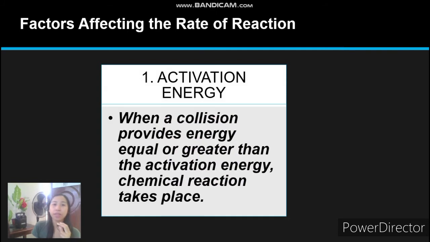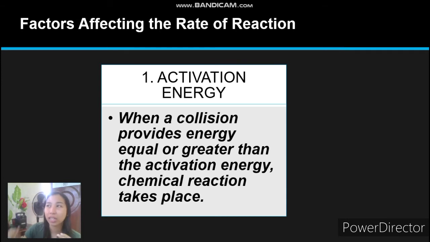Now, let's proceed with the factors that affect the rate of reaction. Again, rate of reaction means the speed, no? Sa kapaspas. So, we have four main factors. First one is activation energy. Akong gidiscuss kaganina. Actually, na-discuss na nako. So, activation energy. When a collision provides energy equal or greater than the activation energy, chemical reaction takes place.